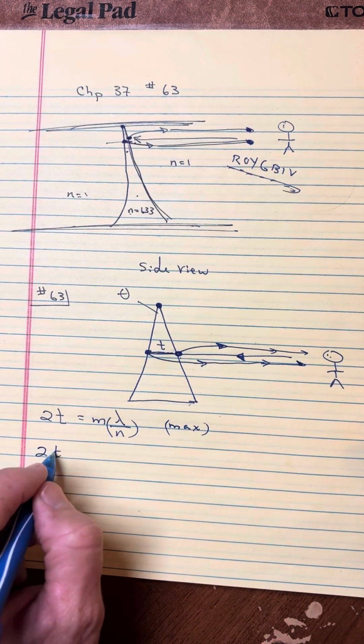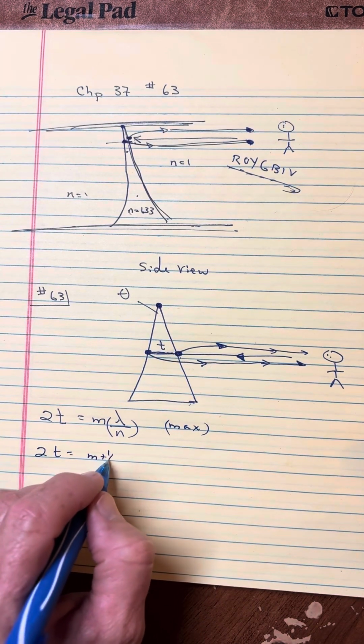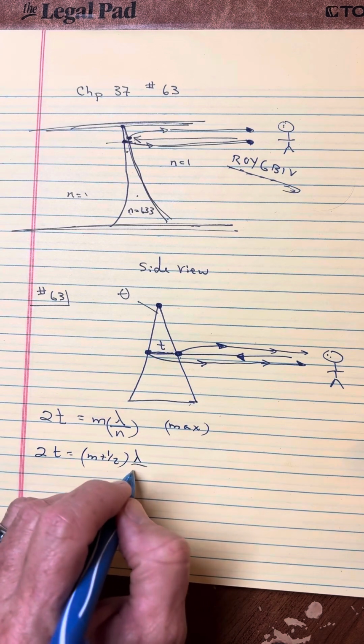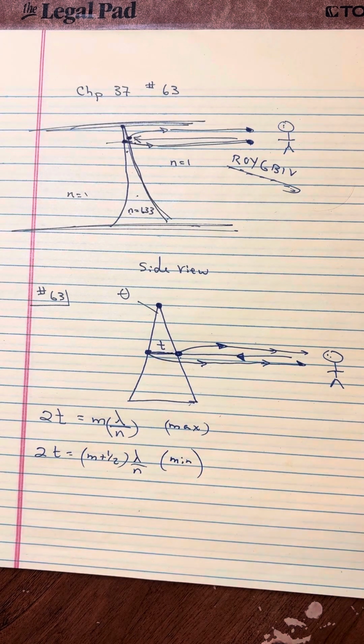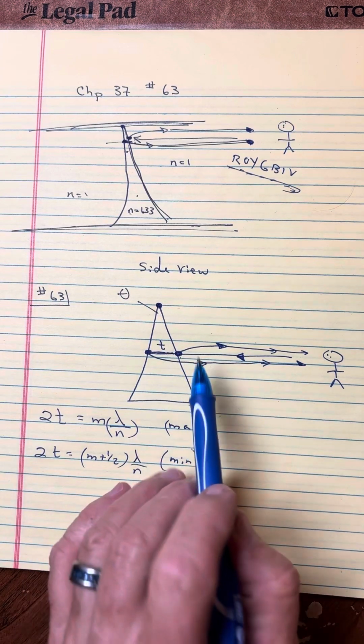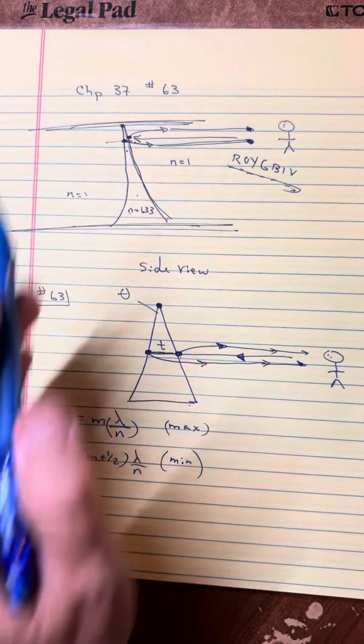And if 2T is an integer and a half, you'll get your destructive interference. And so that's what would happen if we ignore any kind of phase shift. I always like to do that first and then start to ask, well, are there any? And of course, as we mentioned earlier, the answer is yes to that.